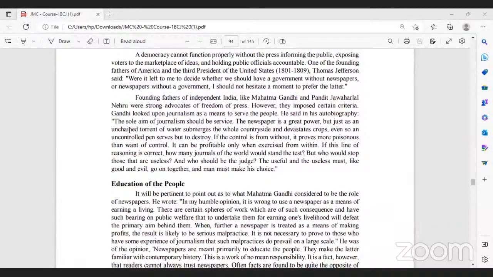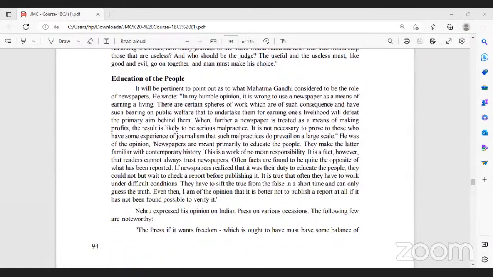According to Gandhiji, the sole aim of journalism should be service. The newspaper is a great power, but just as an unchained torrent of water submerges the whole countryside and devastates crops, even so an uncontrolled pen serves but to destroy. So he warned that the pen, which is mightier than the sword, should work for the development of the country, and it is a service that has to be performed.